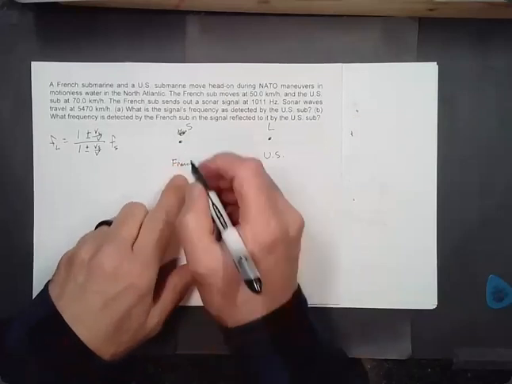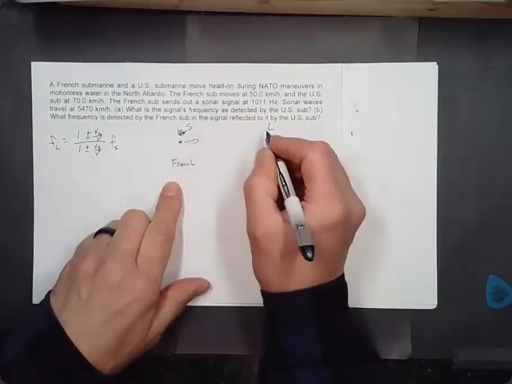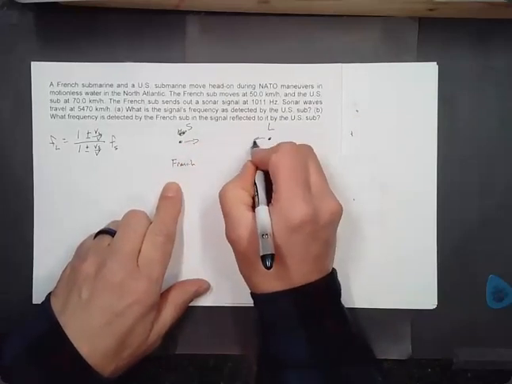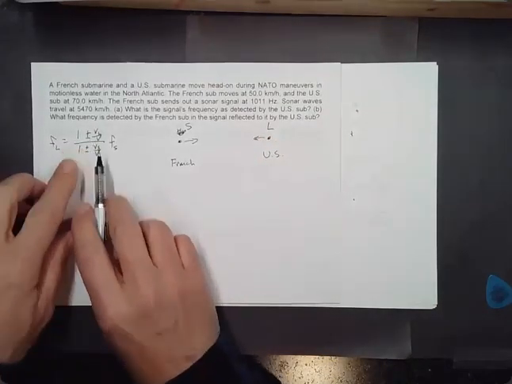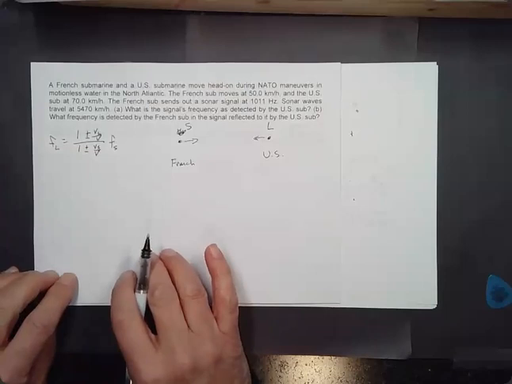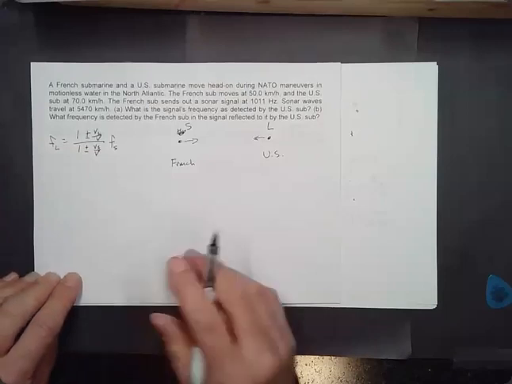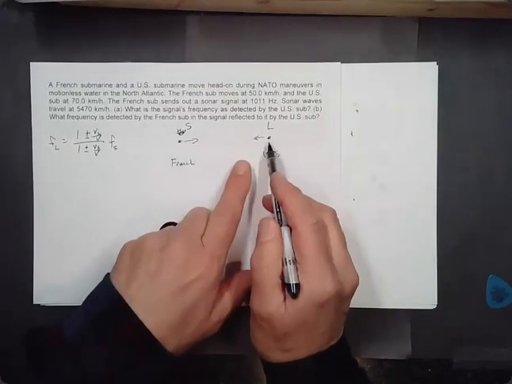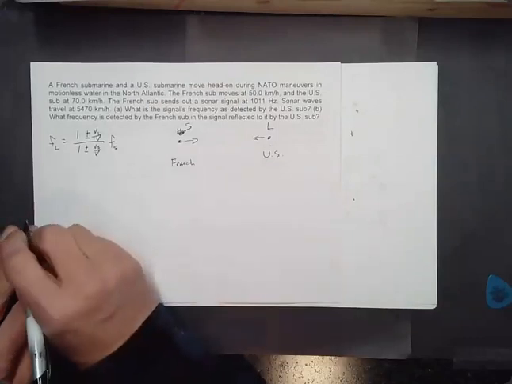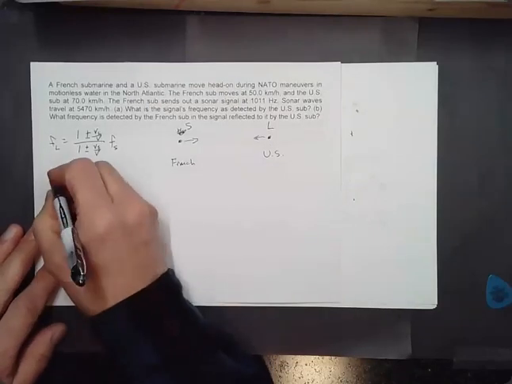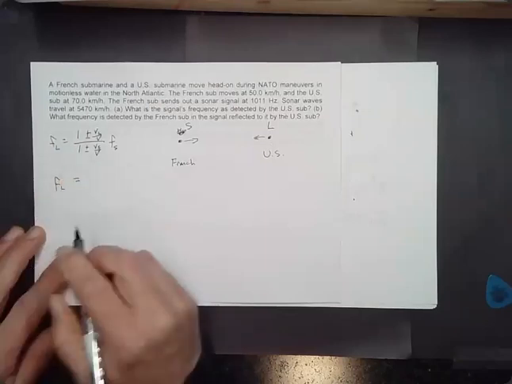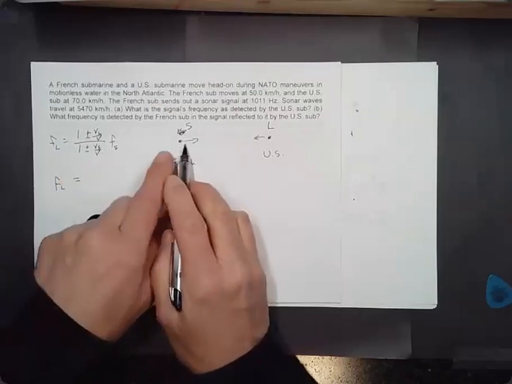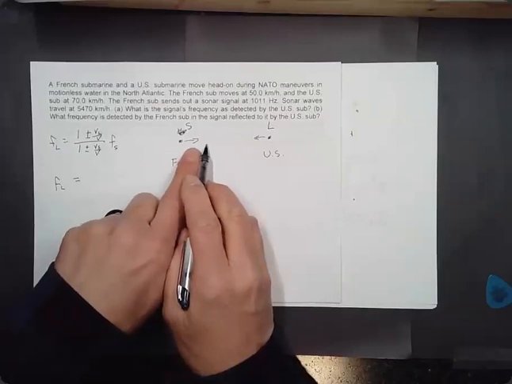Anyway, so here's what we have. We have both of these things heading toward each other. But for purposes of figuring out the signs, I'll deal with one at a time and pretend that the other one's at rest. So let's do the denominator first this time, okay? We've got the source of sound moving in that direction.